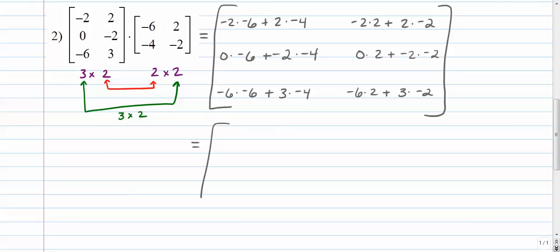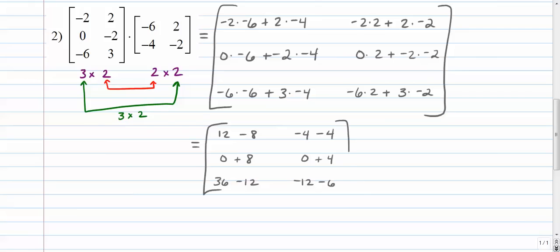Simplify. We've got some work to do here. We've got positive 12 minus 8. We've got 0 plus 8, and we've got 36 minus 12. Over here, negative 4 minus 4, 0 plus 4, negative 12 minus 6.